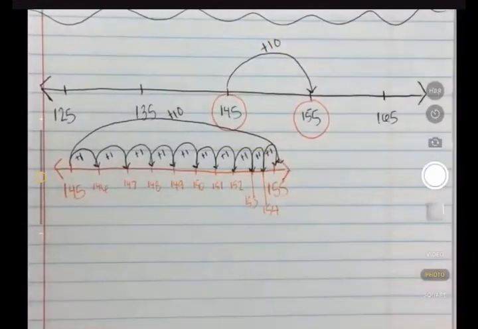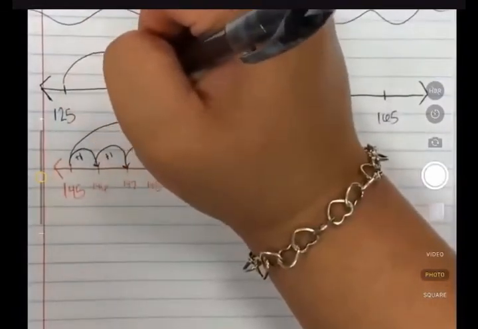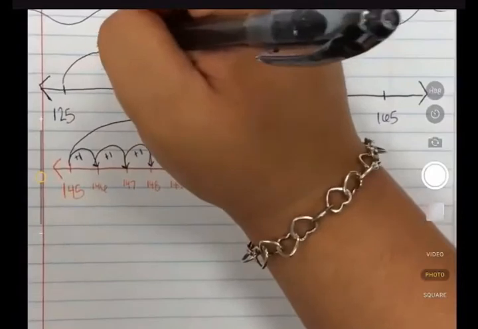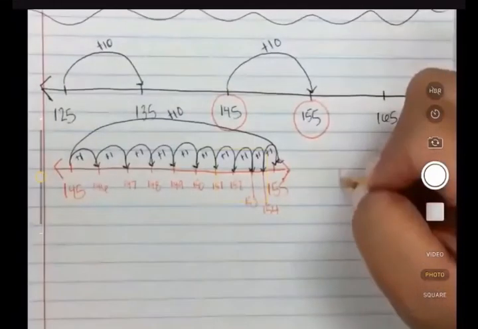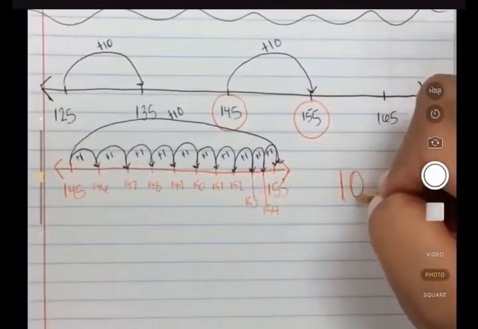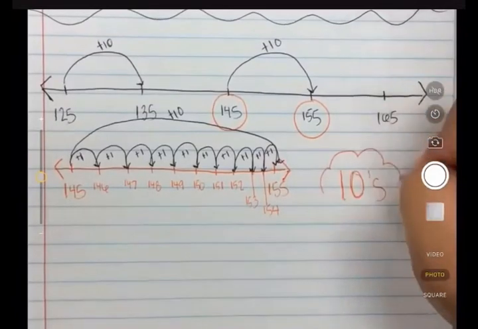Tens. Tens, perfect. Because if we did 125 to 135, that is also plus 10. So our pattern here is our tens. Now, are the numbers always going to look the same?